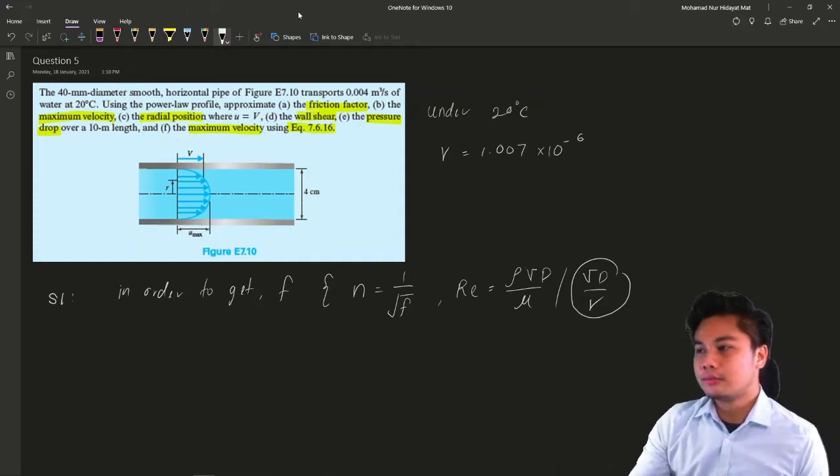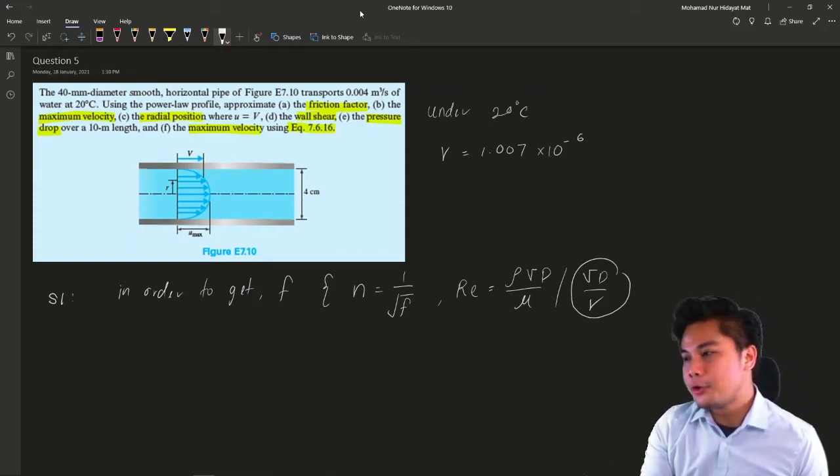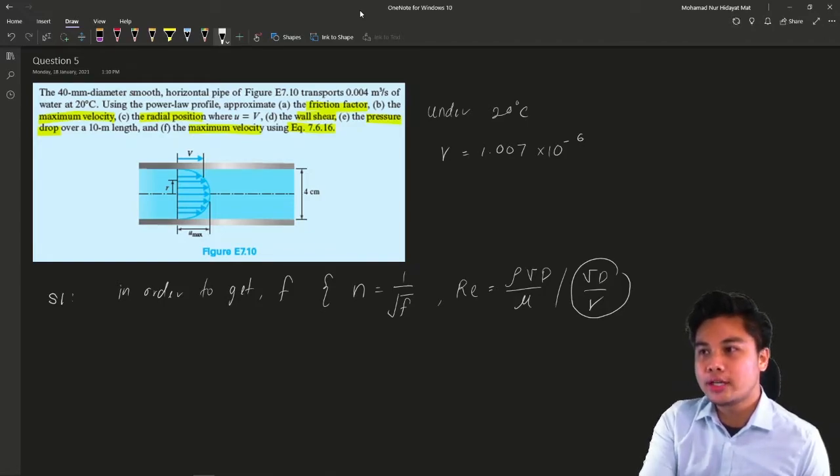We have nu and the diameter, but the average velocity is not given.